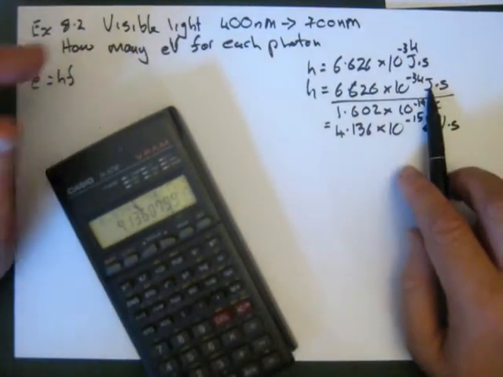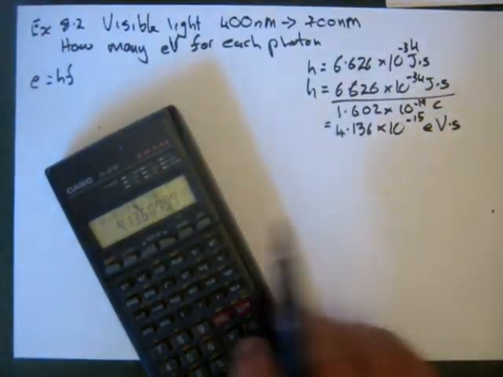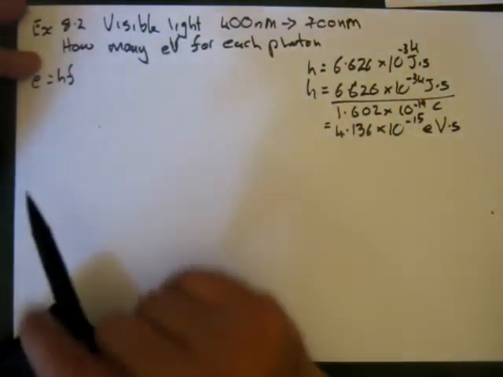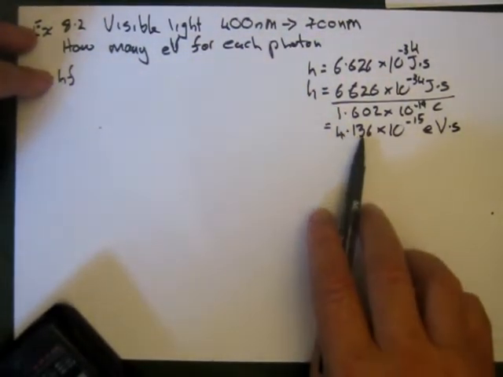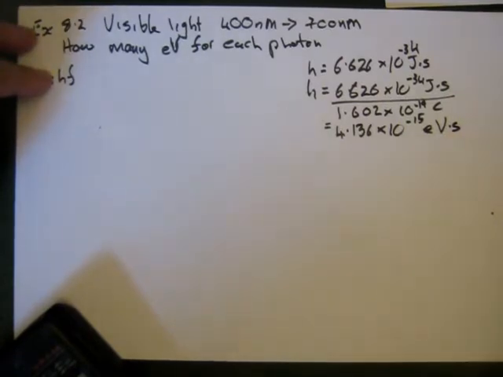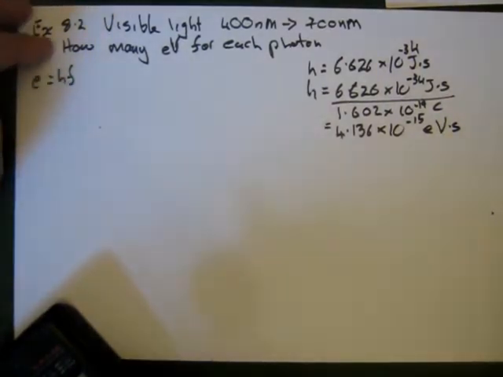Because remember, we're changing the joules to electron volts, but we're still going to keep the seconds. So in this case, E is going to equal 4.136 times 10 to the negative 15 electron volt seconds times whatever the frequency is.